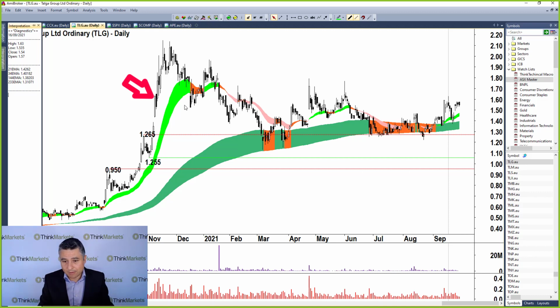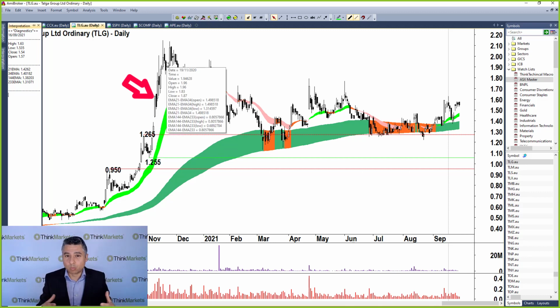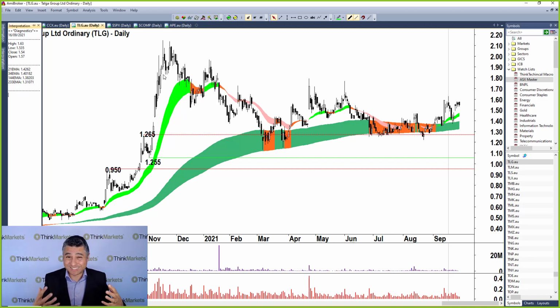It's got a great base pattern, which I like to see. So after all of this excitement through here, what you end up with is a lot of hype and a lot of excess, and a lot of that move probably wouldn't have happened if people were just being sensible about things. And what that does is it creates a lot of people who got stuck in at the top. And as prices come down, they really regret that decision.